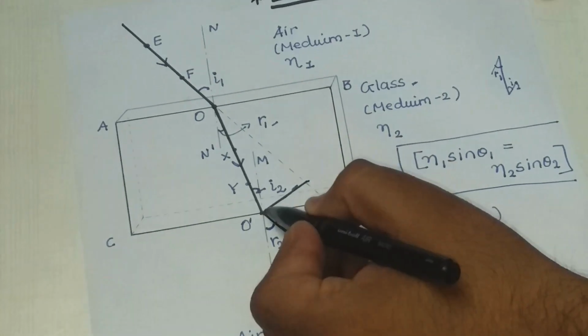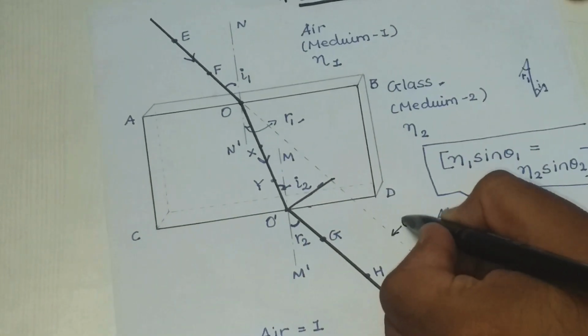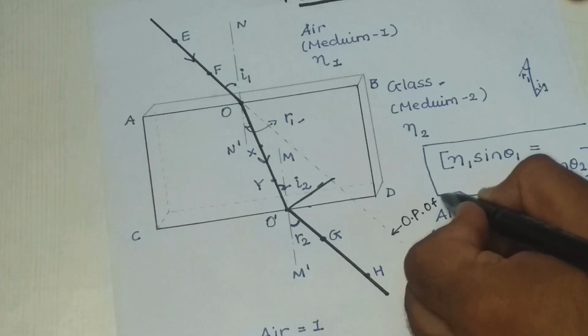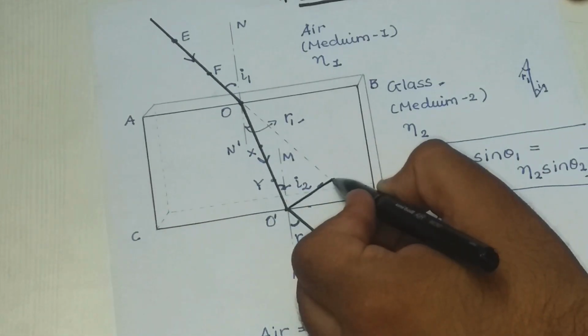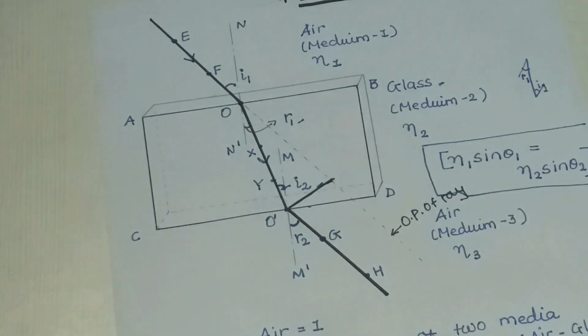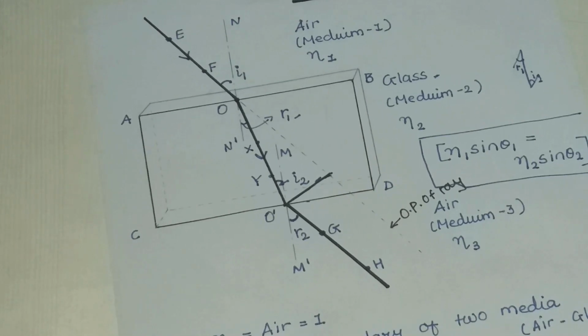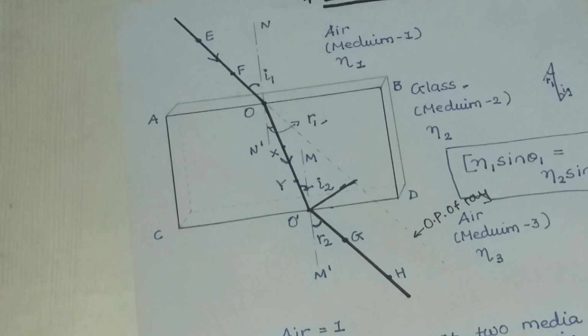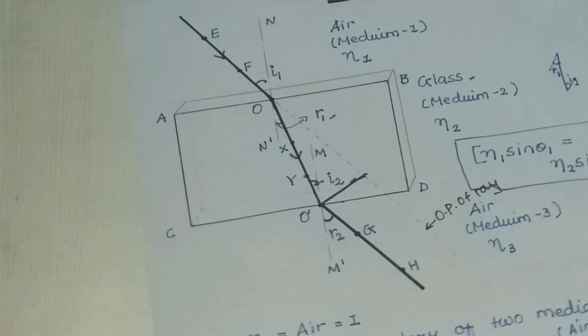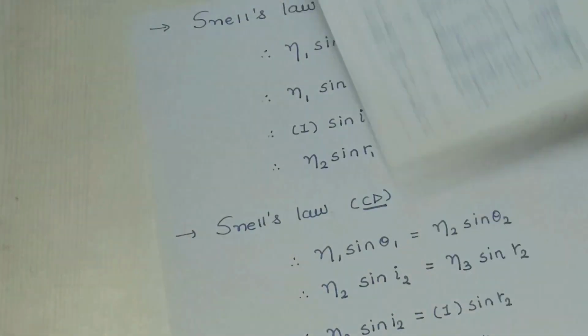Look, it is our original position of the ray, and you can see it is shifted. Why is it shifted? Because of the rectangular glass slab. That is why, dear students, we call it a lateral shift. So this is our proof of lateral shift.